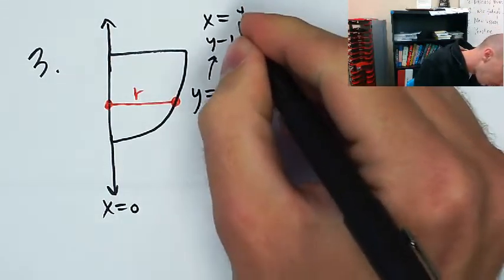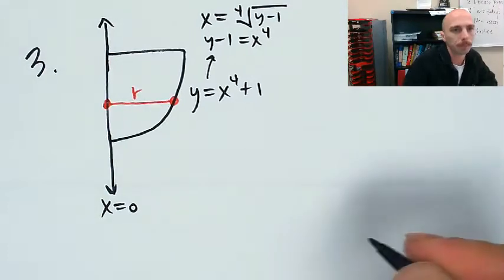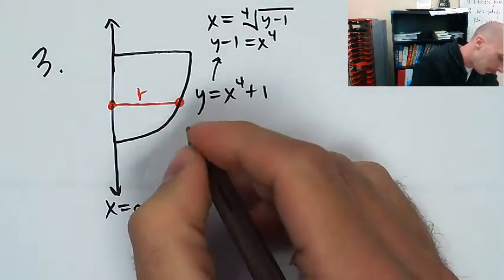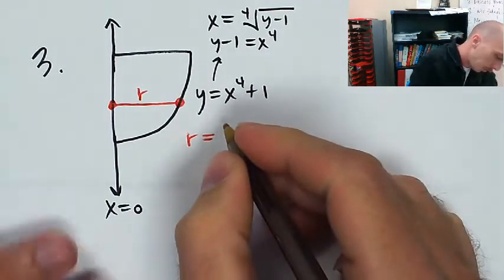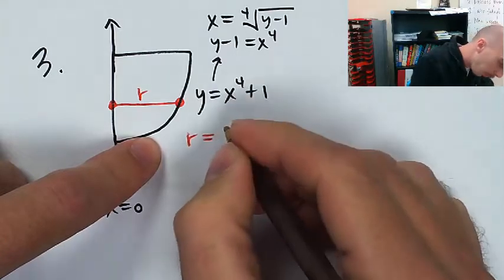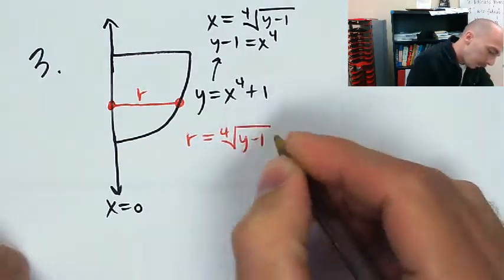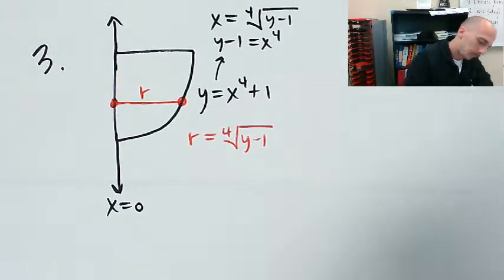So it's the fourth root of y minus 1. Okay. So my radius, it being right minus left, radius is going to be x equals fourth root of y minus 1, minus x equals 0. So it's just going to be that.